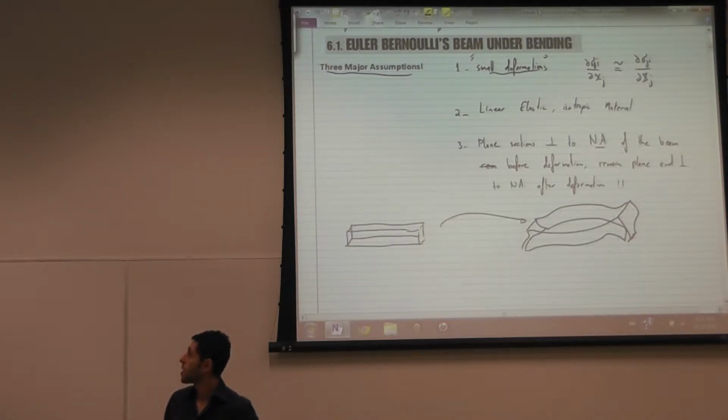In general, there's nothing that prevents it from deforming like that. But if it deforms like this, I'm not able to call it a beam. I'm not able to do any beam analysis on it.